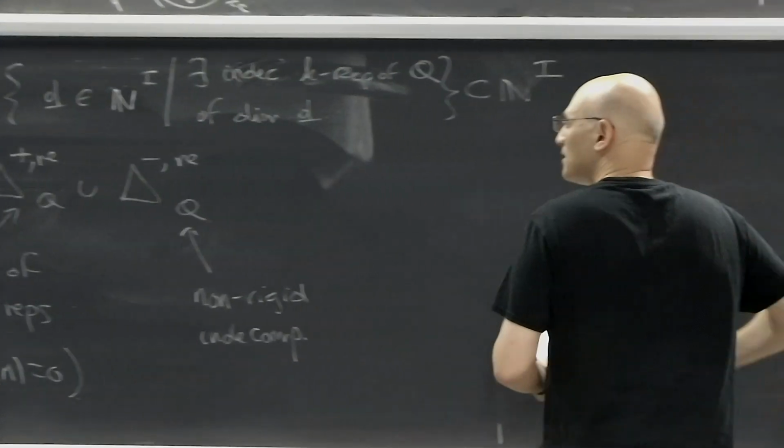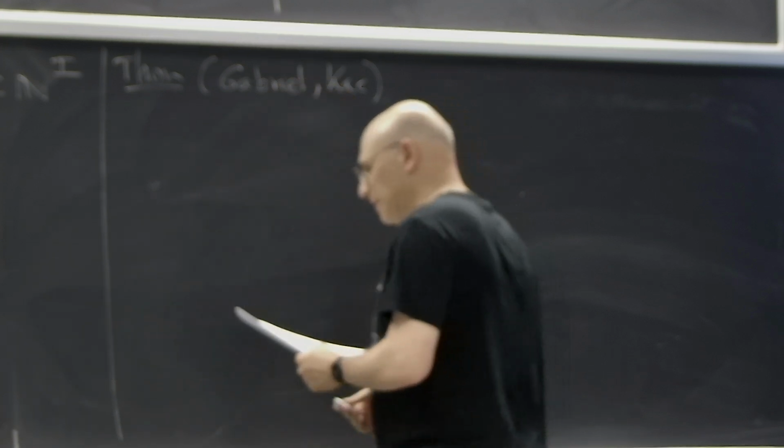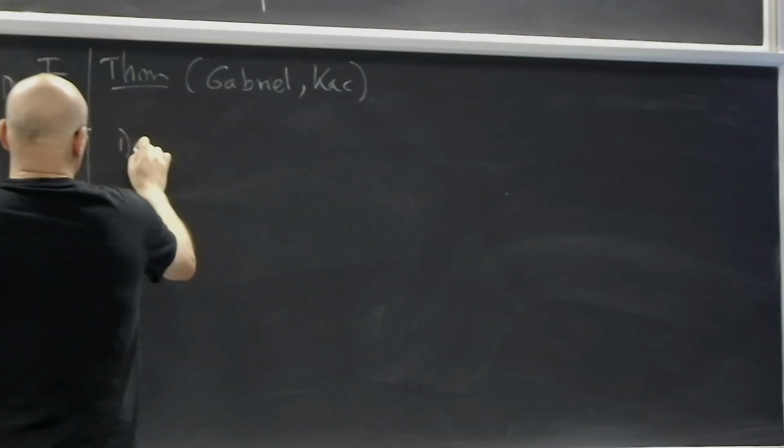And so let me state this very famous classical theorem, which is due to Gabriel in the 70s and then Victor Kac in the early 80s. It says the following.